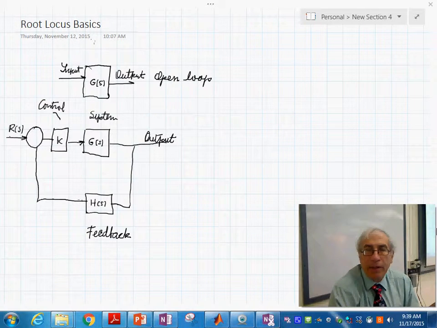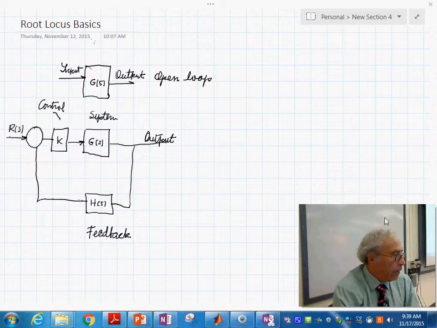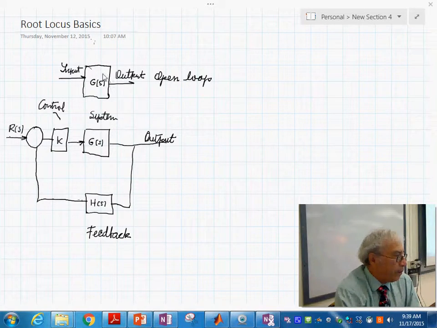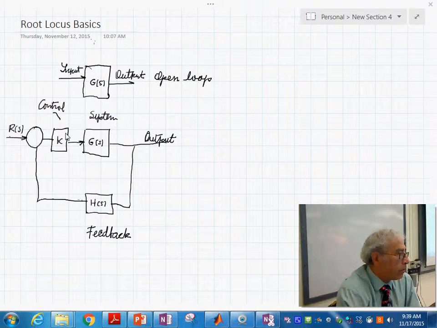On the screen, I have a very basic loop of a system and a feedback, and we are going to take a look at the transfer function of the system, which we're going to call G of S, and the control, in this case a proportional control, a simple system.